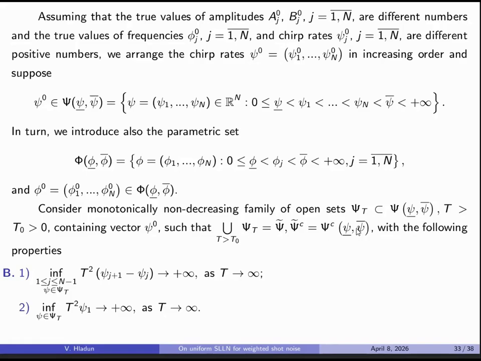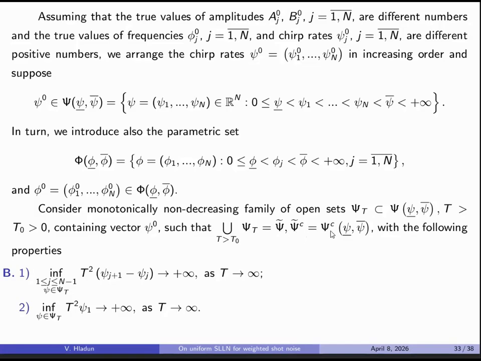What is the big condition with respect to those sets? We have open sets and the union is open again. On the right, I understand that, but if you consider the intersection, would it be just psi zero?